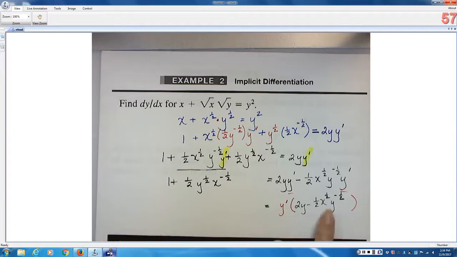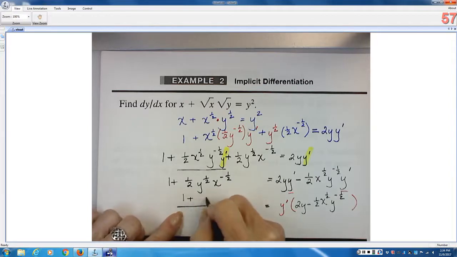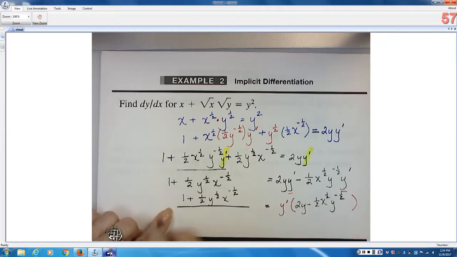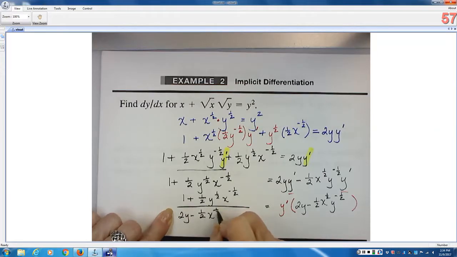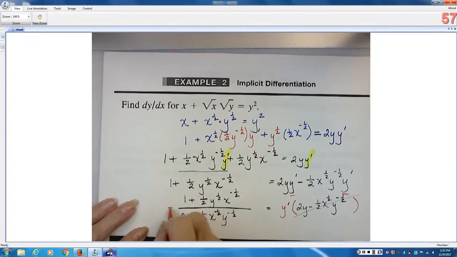And I'm going to divide both sides by that. So when I've divided off both sides, it's no longer there, and that means what I have here is y prime.